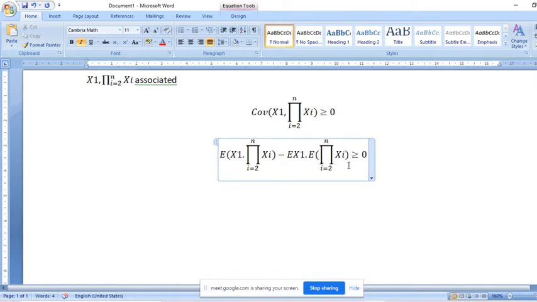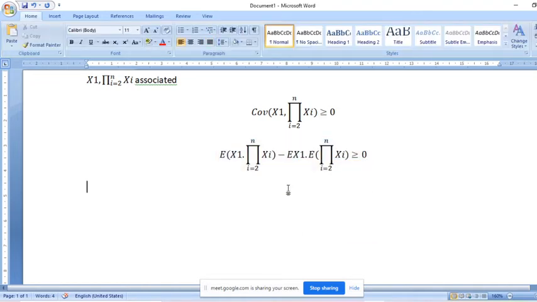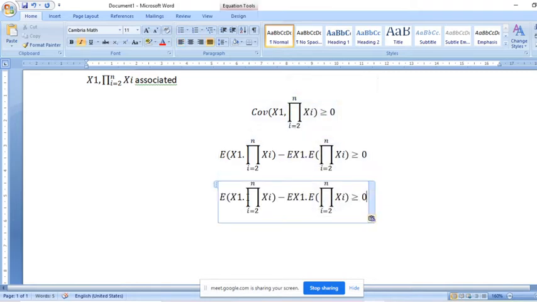So you can see that this is the answer. Instead of x1 into x2 into etc., we can write the product over i from 1 to n of xi.